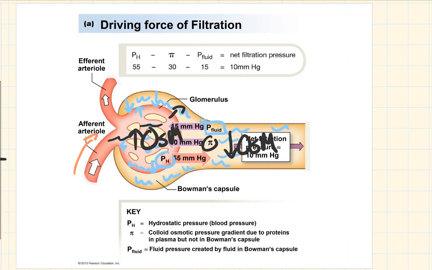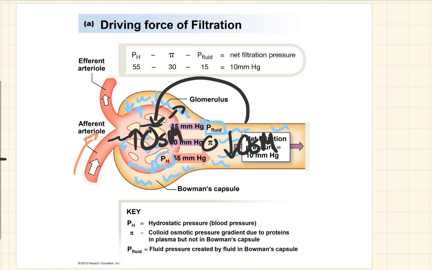Well, we know based on osmolarity and tonicity that water will always move from an area of low osmolarity to high because water's job is to always go and dilute the more concentrated area. So the osmotic pressure is another resistant force to filtration.